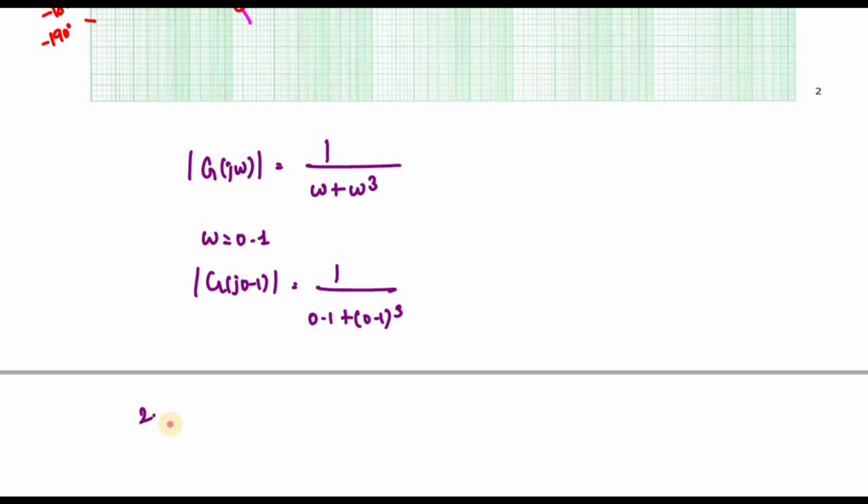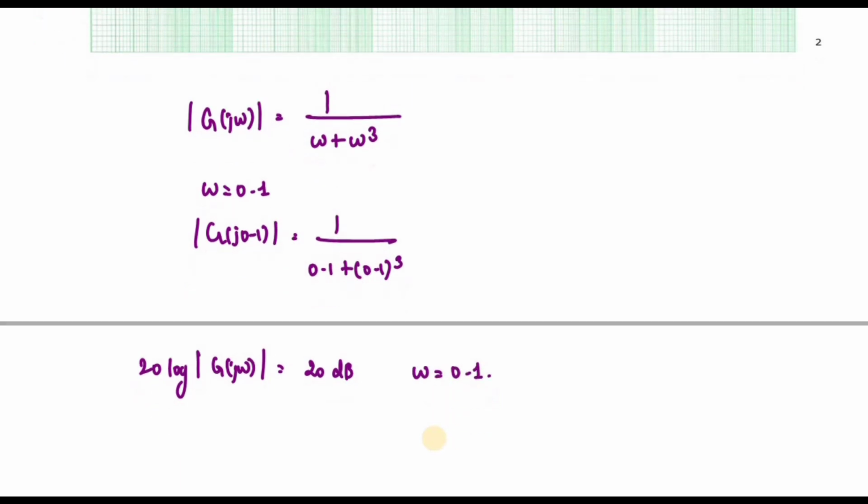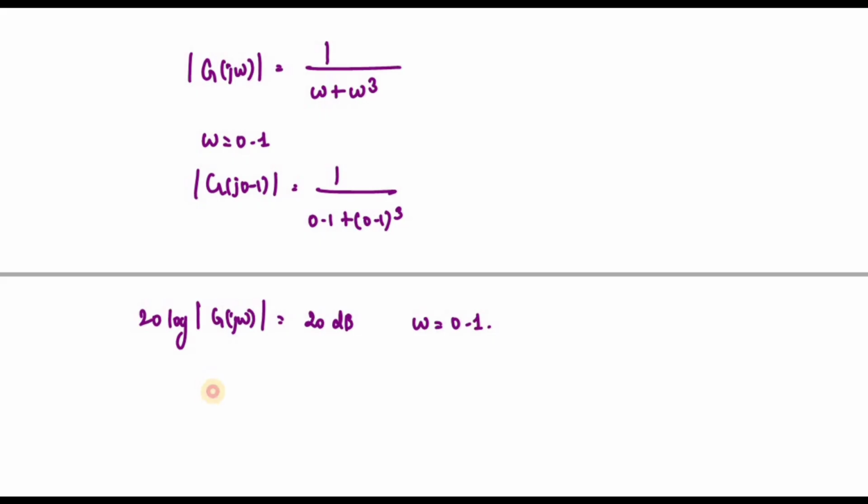If I take 20 log of this value, 20 log of G(j omega), I'll get 20 dB when omega = 0.1. Okay, now if I substitute omega = 1, 20 log of 1 plus 1 is 2, so it is nothing but minus 6 dB.